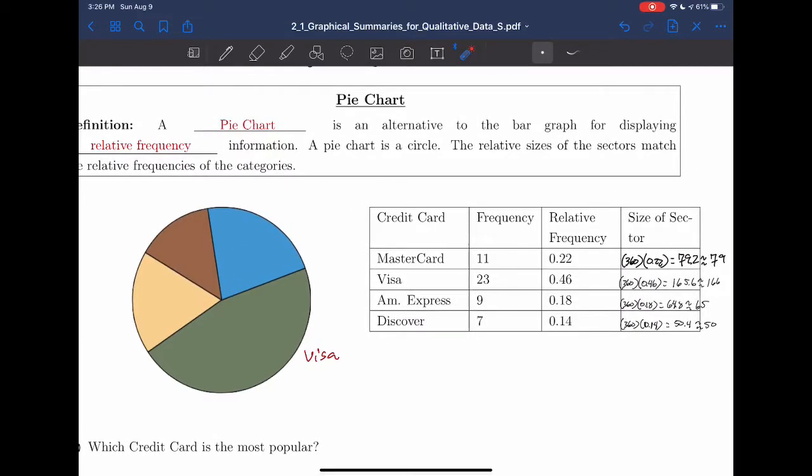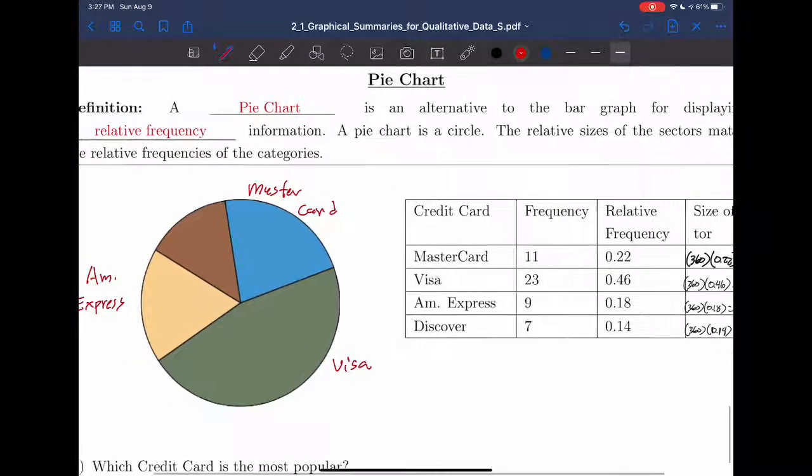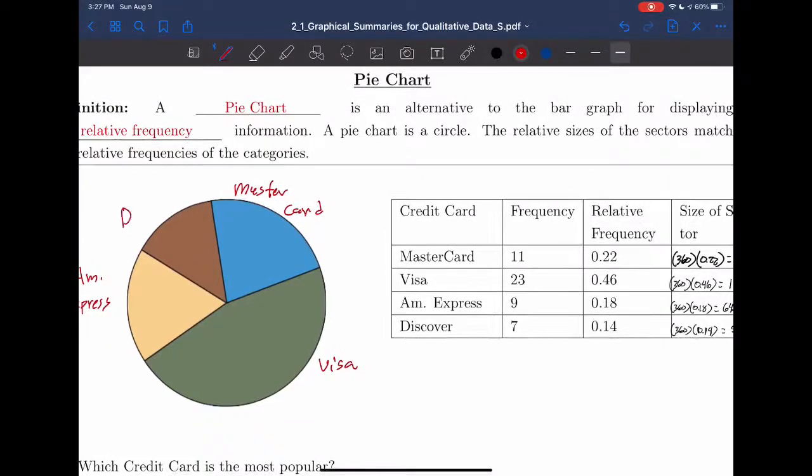So it should be 79 degrees, which is MasterCard. And you want to do that for the rest of them. So this sector should be American Express. And then finally, we have Discover.